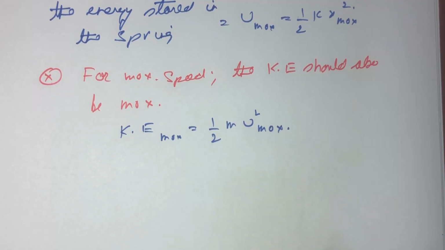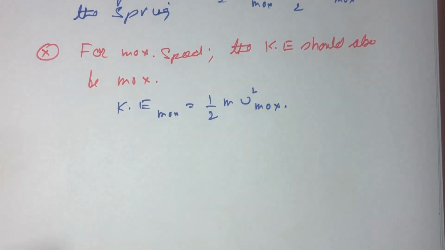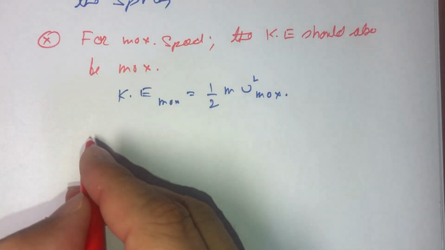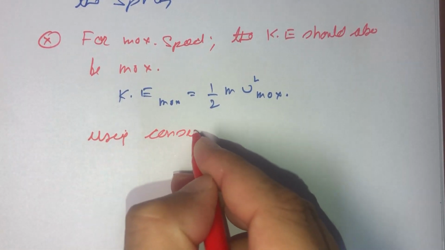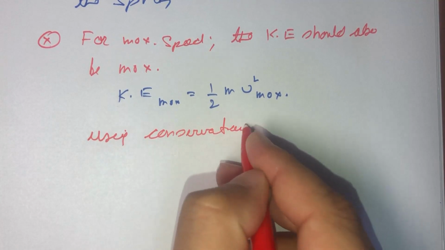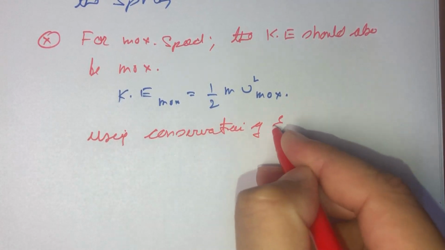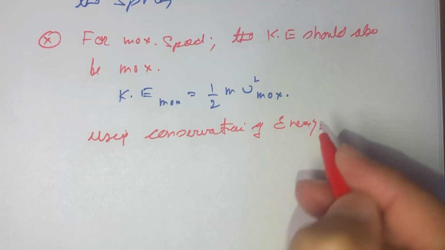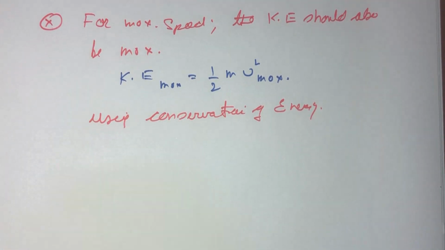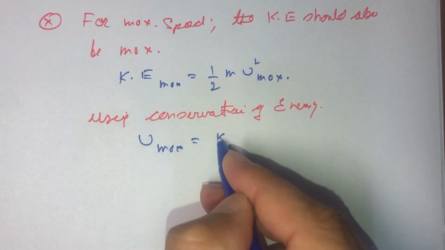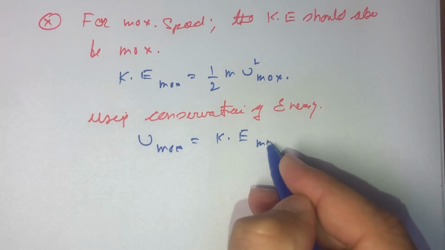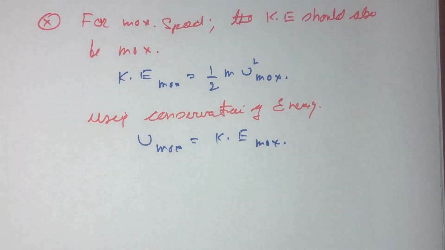And now we are going to use conservation of energy. Using conservation of energy, U max should be equal to kinetic energy max.